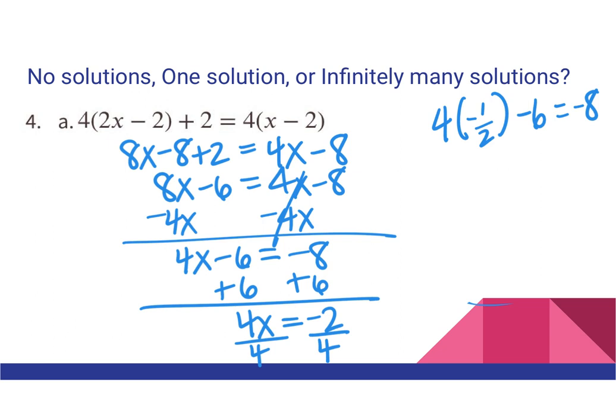Well, I know that half of 4 is 2. So the negative 1/2 of 4 would be the opposite of positive 2. It would be negative 2, right? So that's negative 2 minus 6. Now negative 2 minus 6 is negative 8. So because I got the same thing on both sides, that lets me know that my solution is correct.